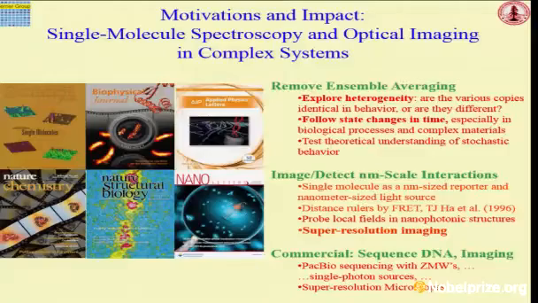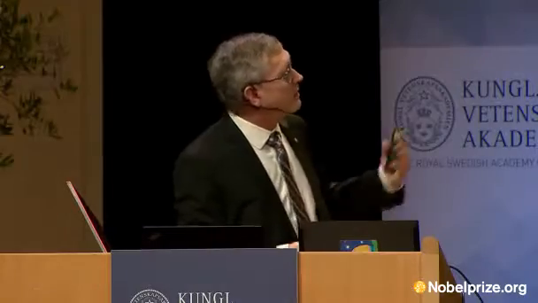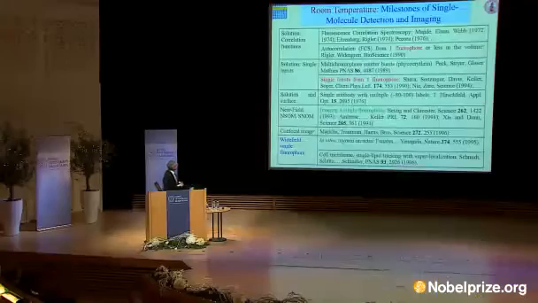Okay, so now let's jump to room temperature. I want to talk about a different thread of work that was going on during the 90s. Forgive me for this list, but I just want to mention some of the key advances that occurred.